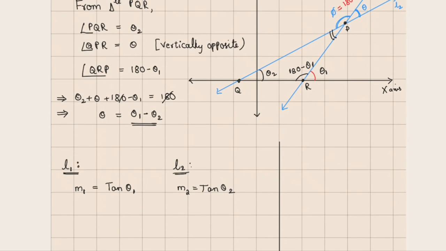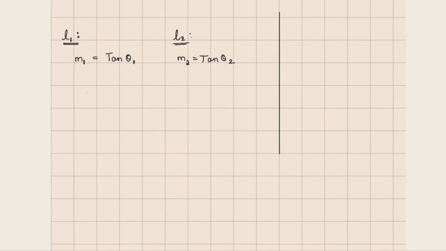Now the angle between these two lines is theta, which is equal to theta 1 minus theta 2. So tan theta equals tan of theta 1 minus theta 2.